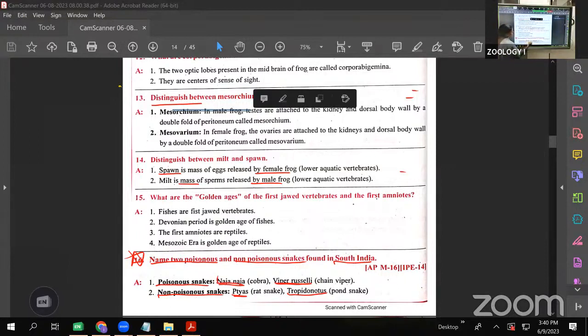If you don't remember the scientific names, write the common names: cobra and chain viper as poisonous, and rat snake and pond snake as non-poisonous. If you know the scientific names, write Ptyas and Tropidonotus as non-poisonous, and Naja and Vipera russelli as poisonous. This one is about poisonous and non-poisonous snakes.